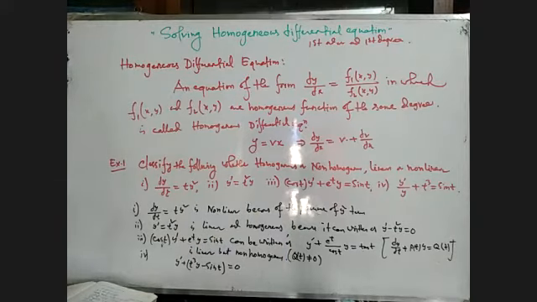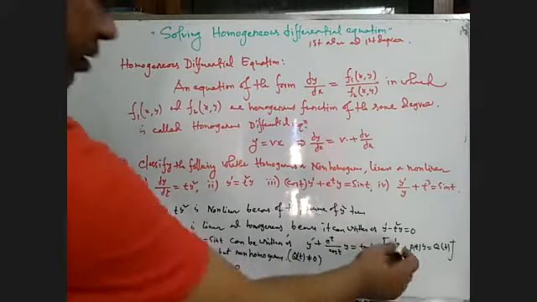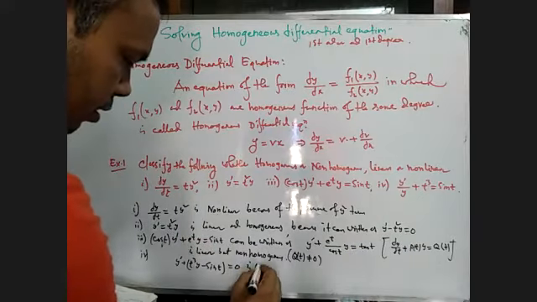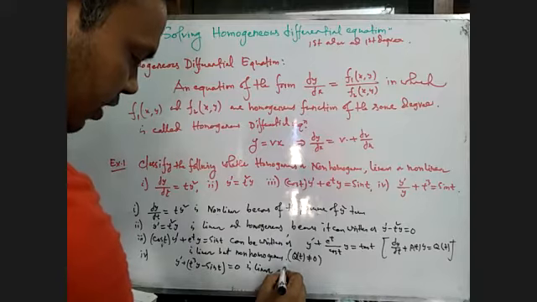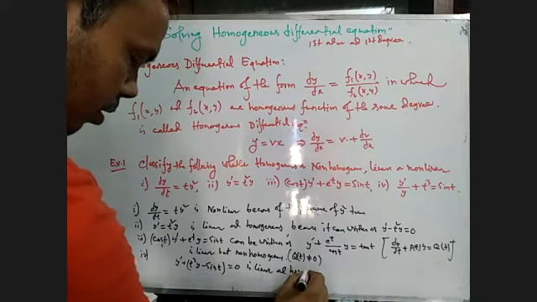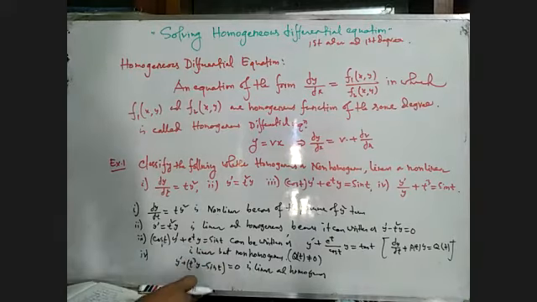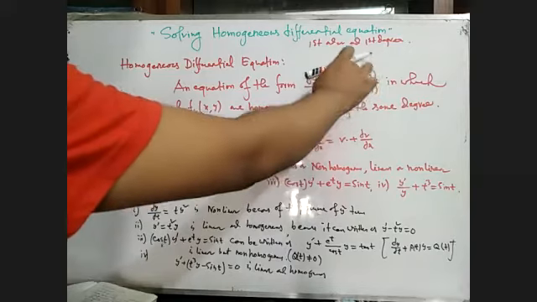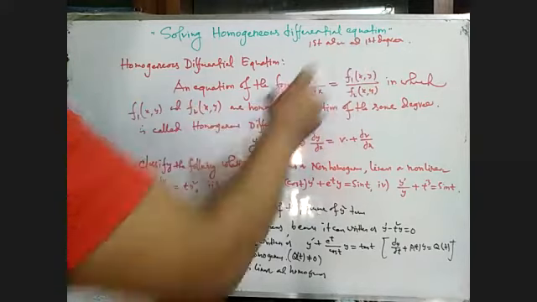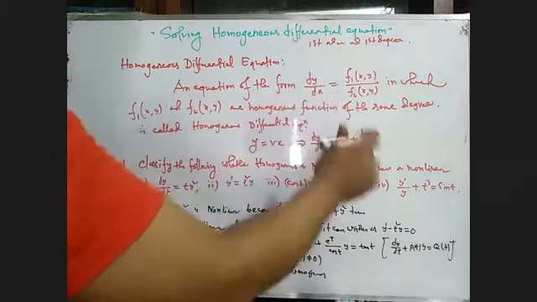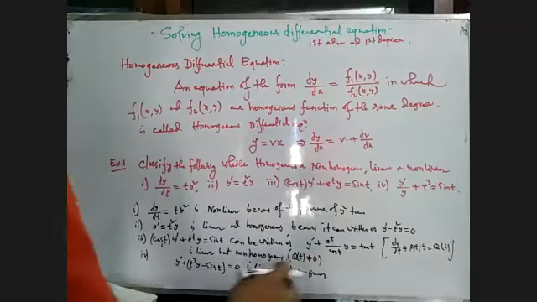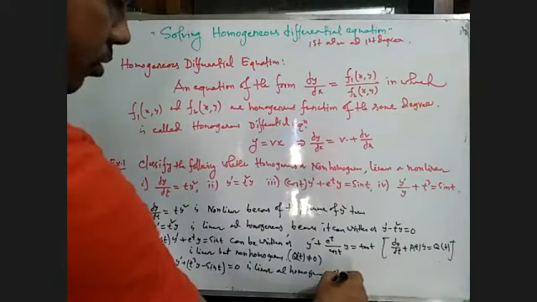So this is actually linear and homogeneous. Homogeneous why? Same degree. And homogeneous why? Because q(t) is equal to 0.